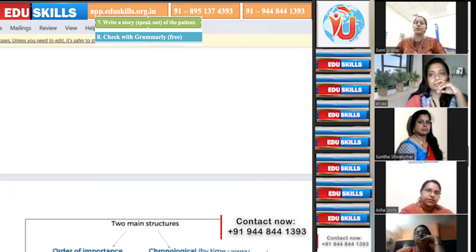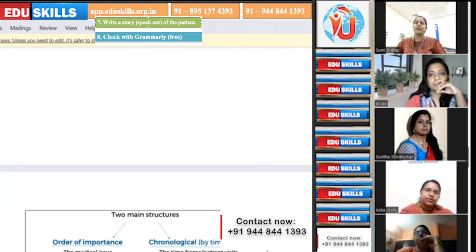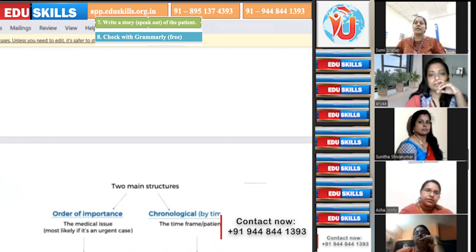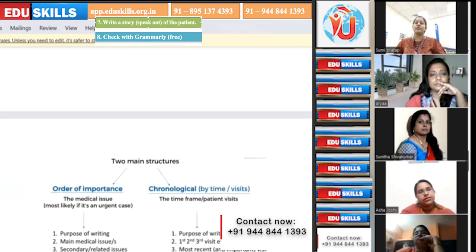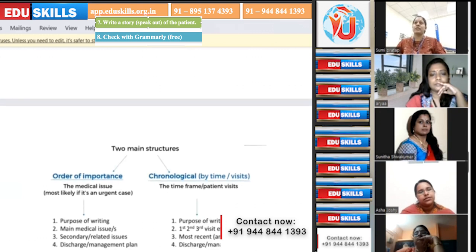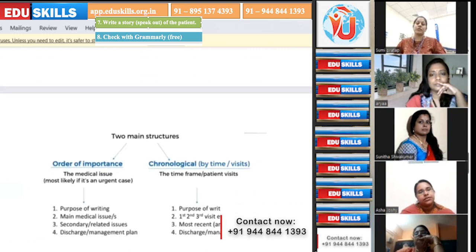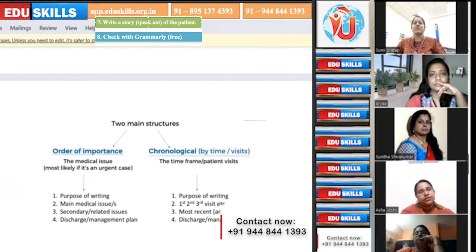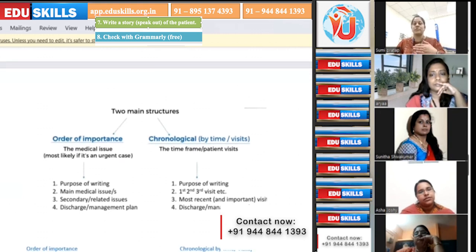The chronological order is also the same, starting with the purpose of writing. Everything is the same, but here we have to check the visits. We all know that Jake Peterson was not admitted to the hospital, right? So for that one we can take the chronological order to write the letter. First, we have to make the full story of the patient. According to that, we can segregate into these two main structures, deciding which one it will go to.